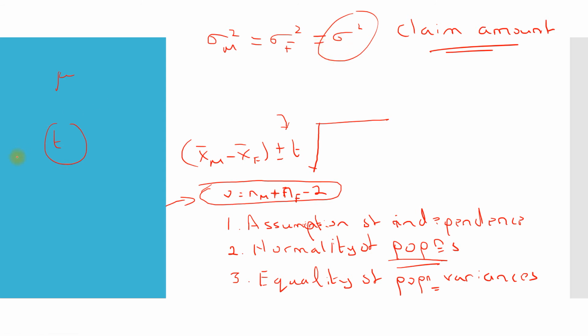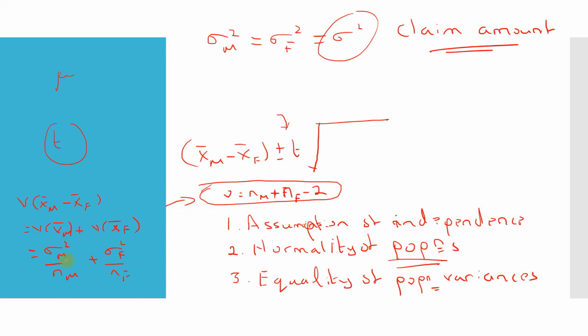Now, just before I continue with that, I just want to recap something. What we explained for the case of large samples is that the variance of x bar m minus x bar f was equal to the variance of x bar m plus the variance of x bar f, and this was sigma squared m over n m plus sigma squared f over n f. This is what we saw earlier for the large sample cases.